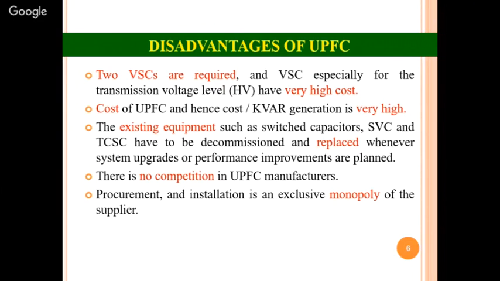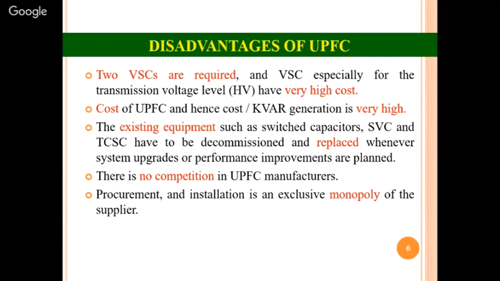Because right now, for active and reactive power absorption or generation, you have to install classical capacitors or reactor banks, and in UPFC they were of no use. In case you have to make a UPFC, you have to use two separate voltage source converters, which is overall increasing the cost, and the existing equipment is becoming of no use.